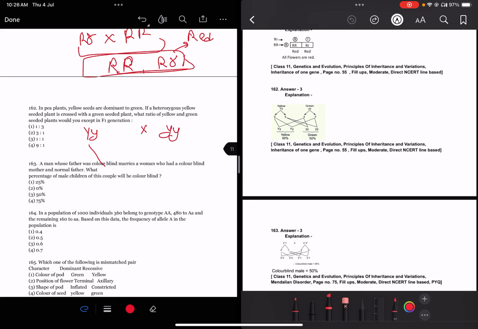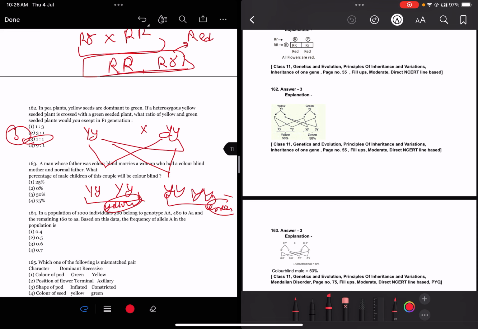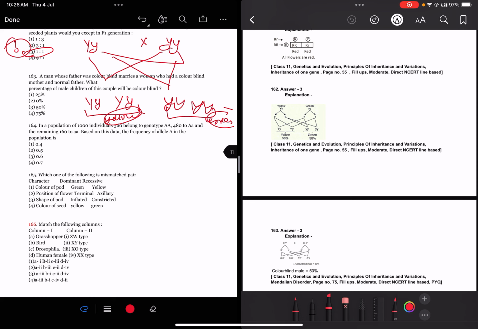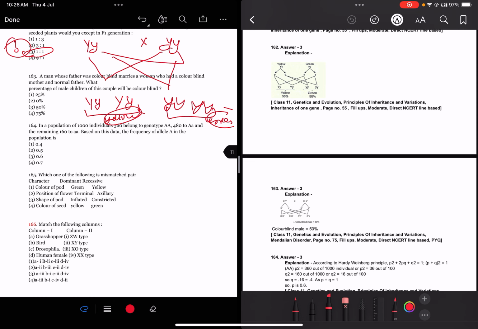So crossing this with this gives Yy, and again Yy, both yellow. Crossing this with this gives yy, and again yy, both green. So the ratio of yellow and green is 1:1. So the answer is 3.